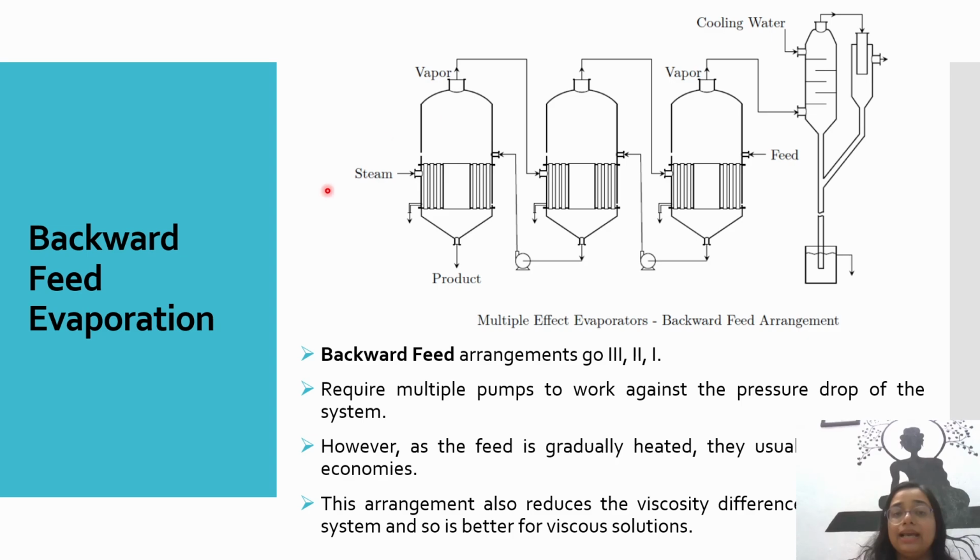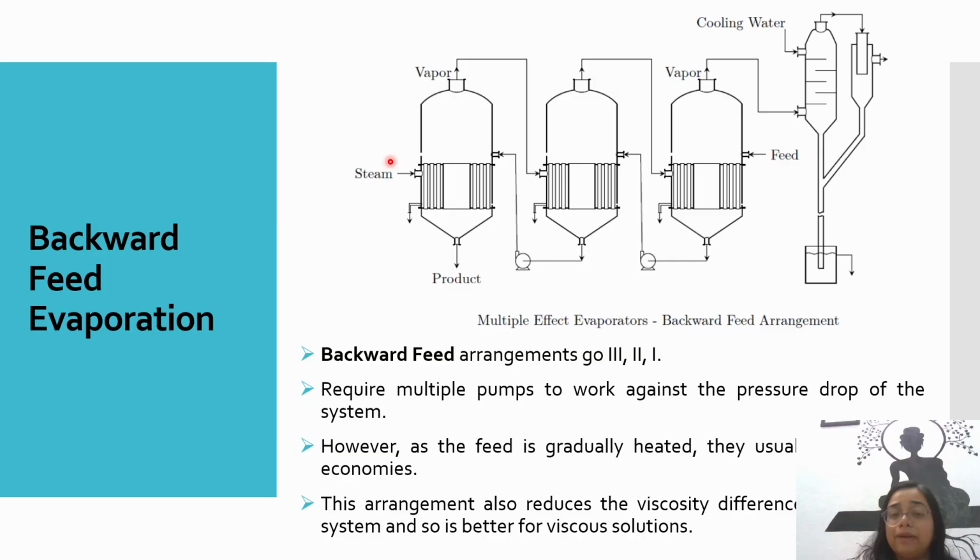So it is clear that in the first effect steam is introduced and in the last effect feed is introduced. Evaporation will take place, and since we are acting against the pressure difference, we always have to use a pumping system for pumping the concentrated liquid, contrary to the forward feed configuration.